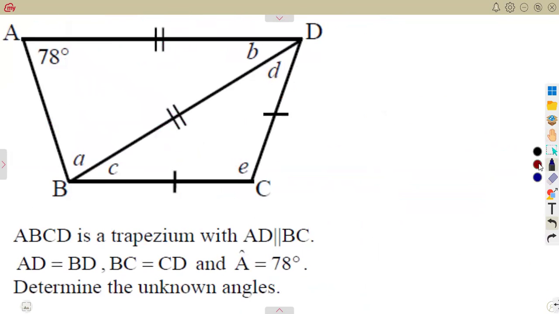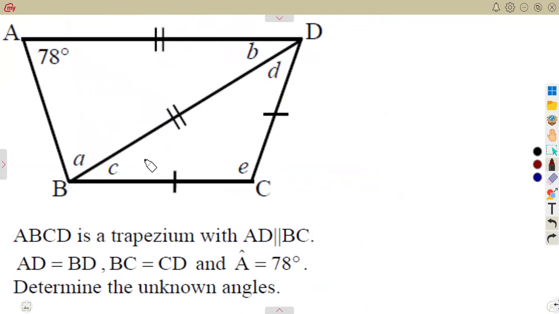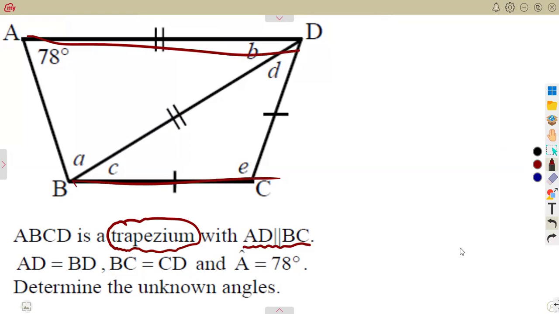All right. On another question, we are given that ABCD is a trapezium. Remember, a trapezium only has one pair of parallel sides. That is the one that we are given here, with AD parallel to BC. AD and BC are parallel.